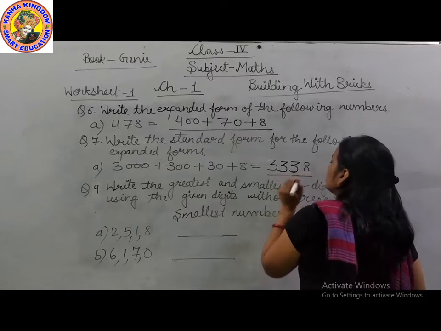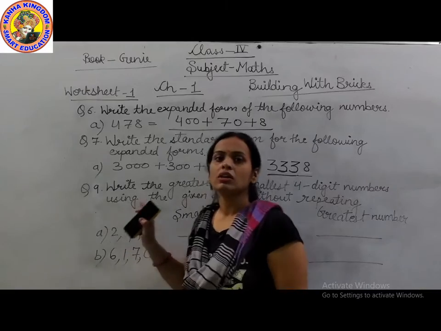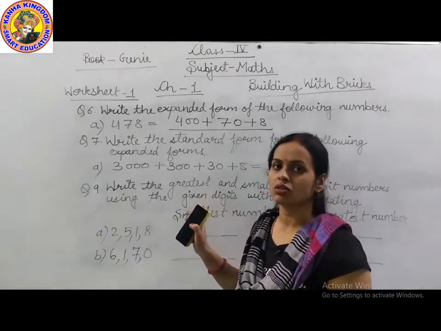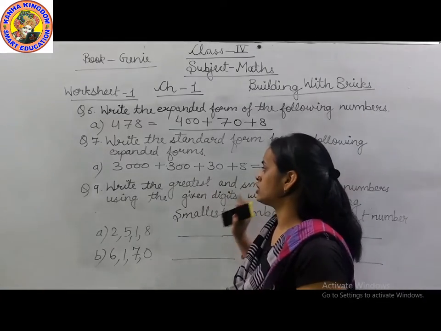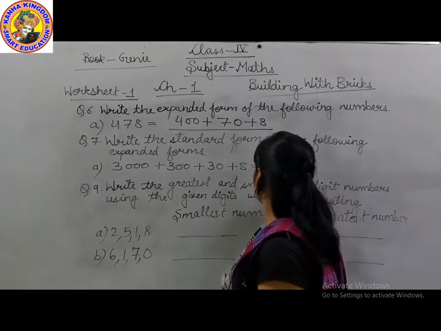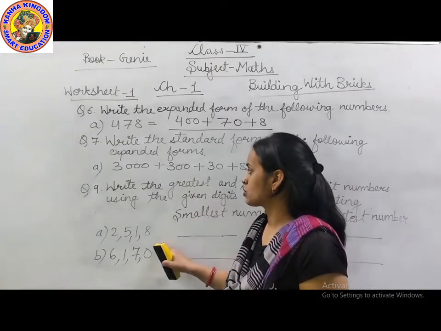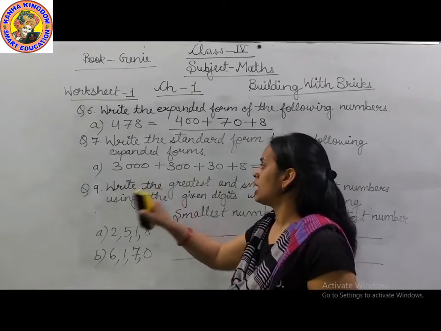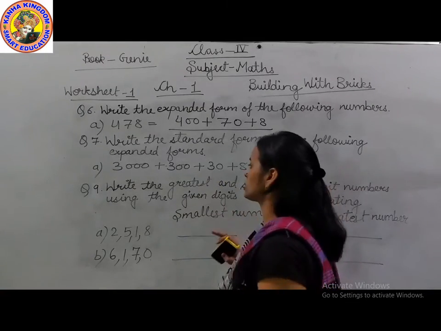Okay. In a 4-digit number, the first digit is thousands, second hundreds, third tens, and last ones. So 3338. Okay.